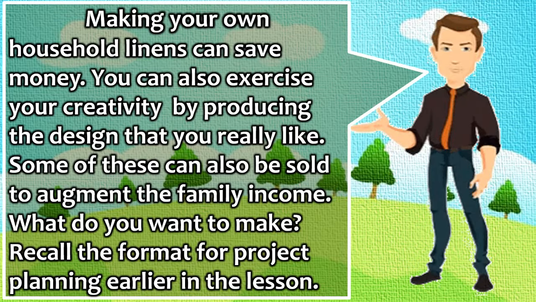Making your own household linens can save money. You can also exercise your creativity by producing the design that you really like. Some of these can also be sold to augment the family income. What do you want to make? Recall the format for project planning earlier in the lesson.